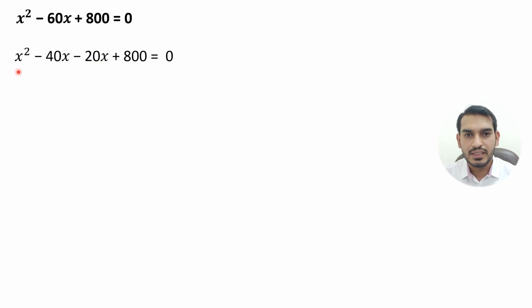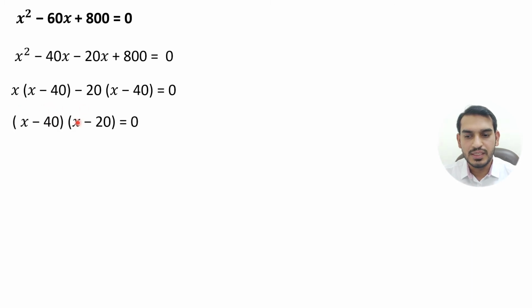So if we take x common from the first two terms, we will get x here and minus 40 here, and from the last two terms if we take minus 20 common, since 20 into 40 is 800, we get minus 40 inside the brackets. Now in these two terms, x into x minus 40 and minus 20 into x minus 40, we can take x minus 40 common. So x is remained here and minus 20 is remained here.